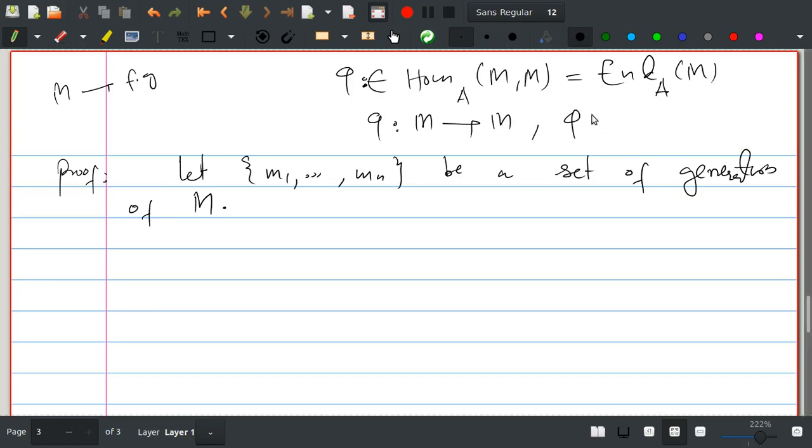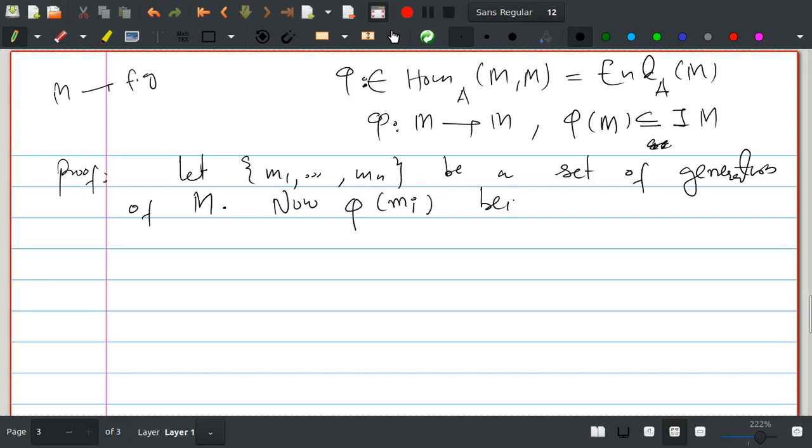with the condition that this phi of M is contained in IM. So we will define this phi. We have to define this phi such that this is true. So now phi of m_i being an element of IM.